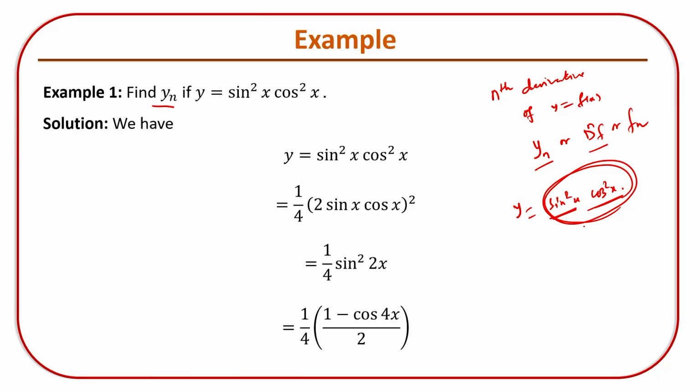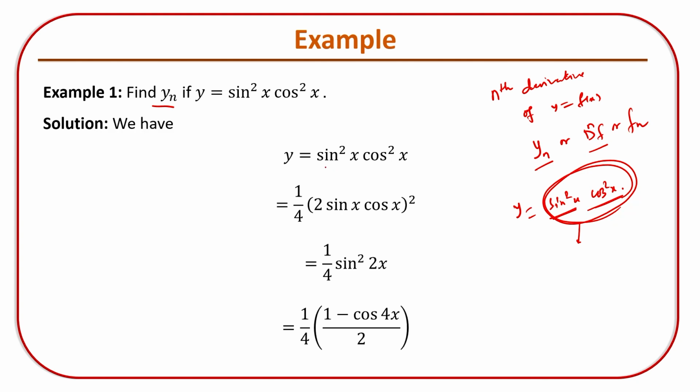And why are we doing this? Because we knew the nth derivative of y equal to cos of ax plus b, and similarly of y equal to sin of ax plus b. So, we try to transform this problem into a specific sin x or cos x, so that we can directly use the formula we had already derived.